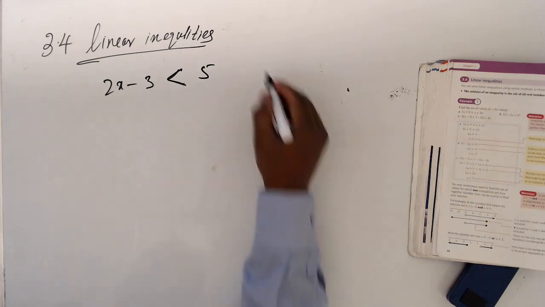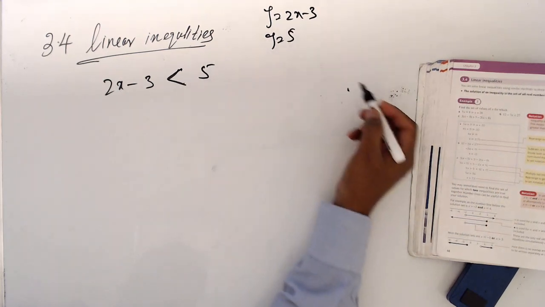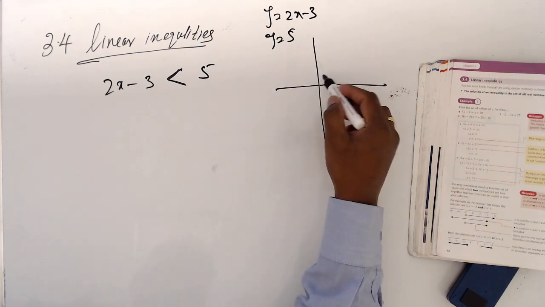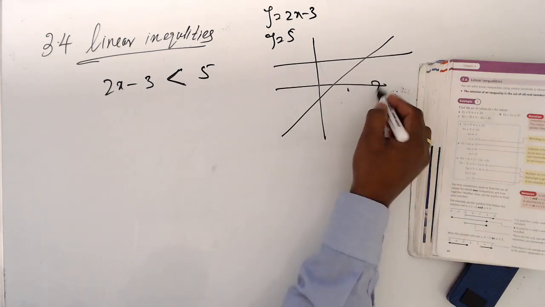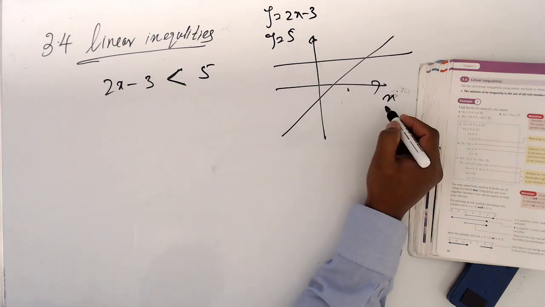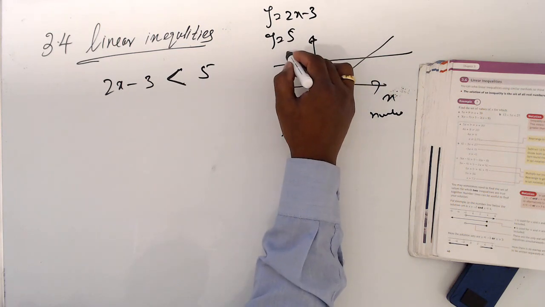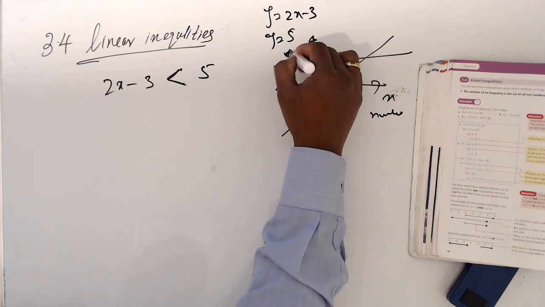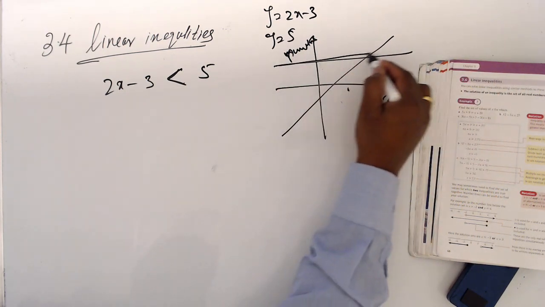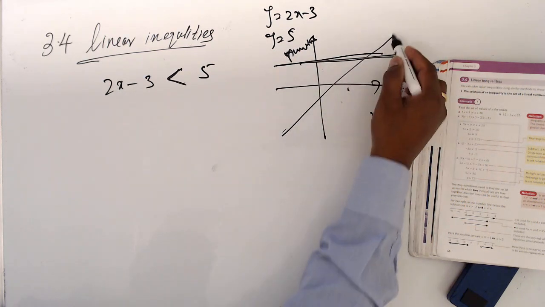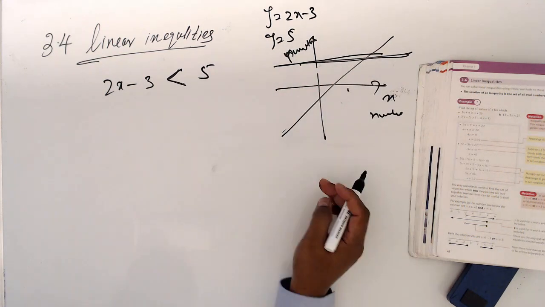For example, take the graphs y equals 2x minus 3 and y equals 5. Here x is the number of people and y is, let's say, pounds: the expenses, or the level of a rent or mortgage, or something else like that.